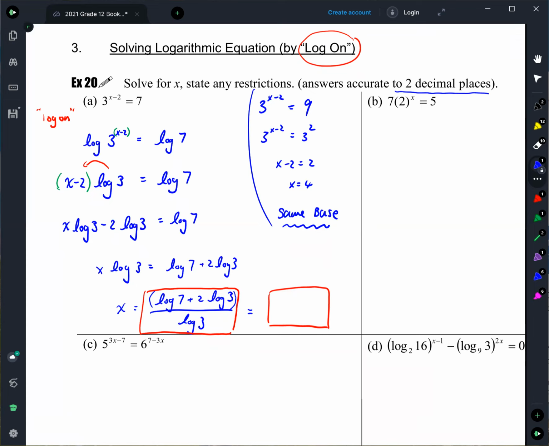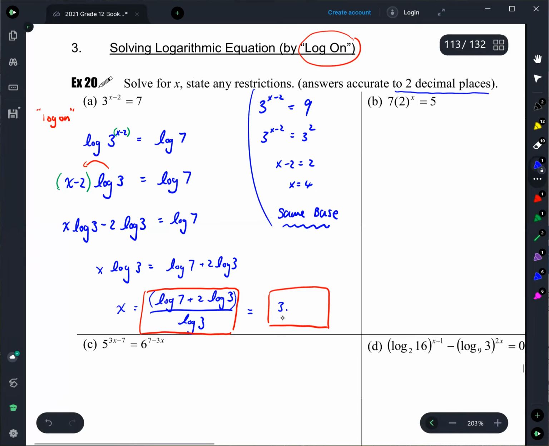Should be somewhere about 3 point something. Please raise your hand if you found the answer for this one.